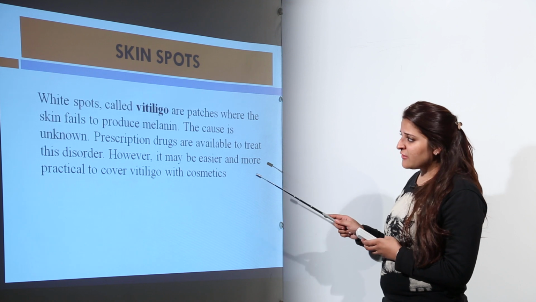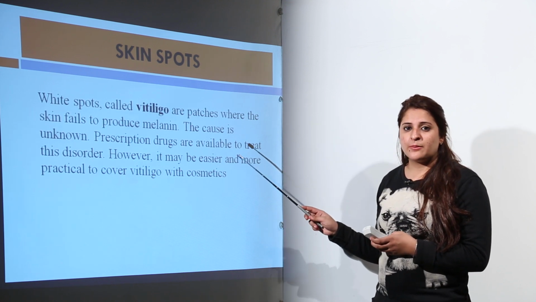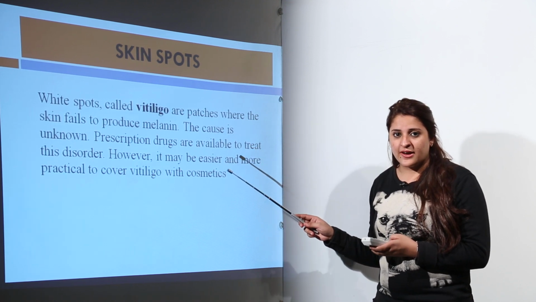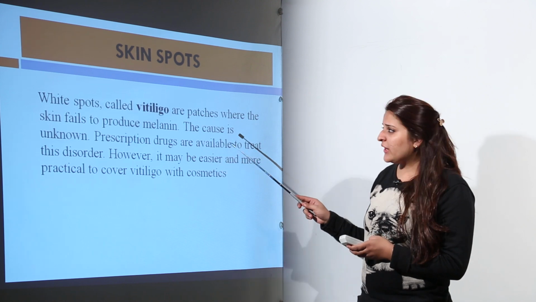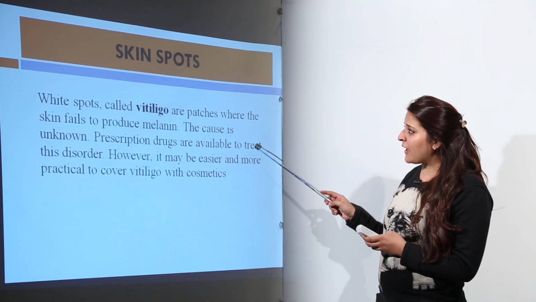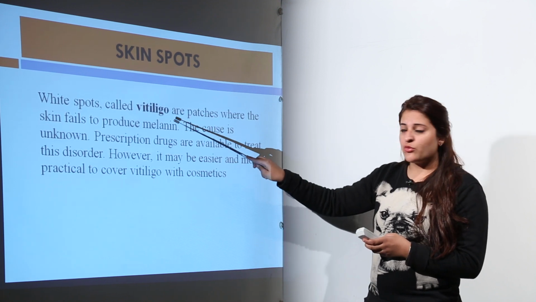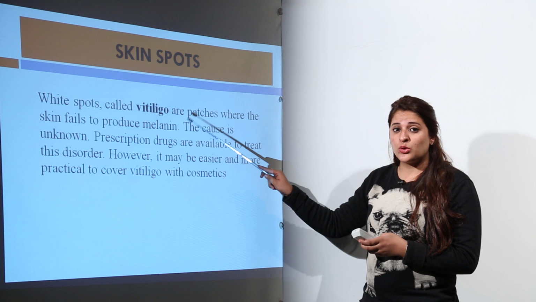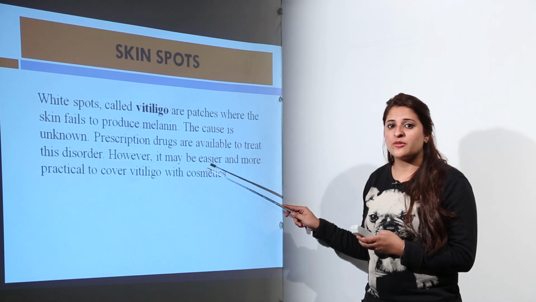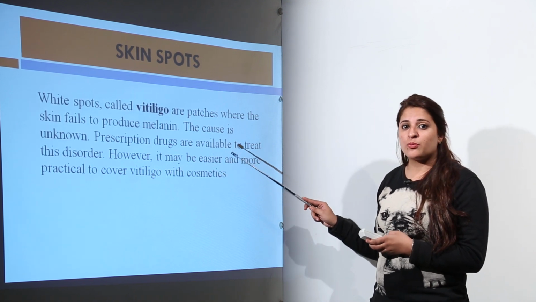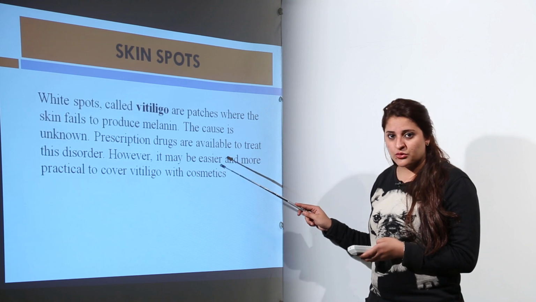The next are the skin spots. Sometimes you must have observed that some people have white spots on their hands, fingers, neck, arms or various body parts. So what are these white spots? We call them vitiligo. These are white patches where the skin is not able to produce melanin. Melanin is the pigment which provides a dark color or a light brown color to the skin.